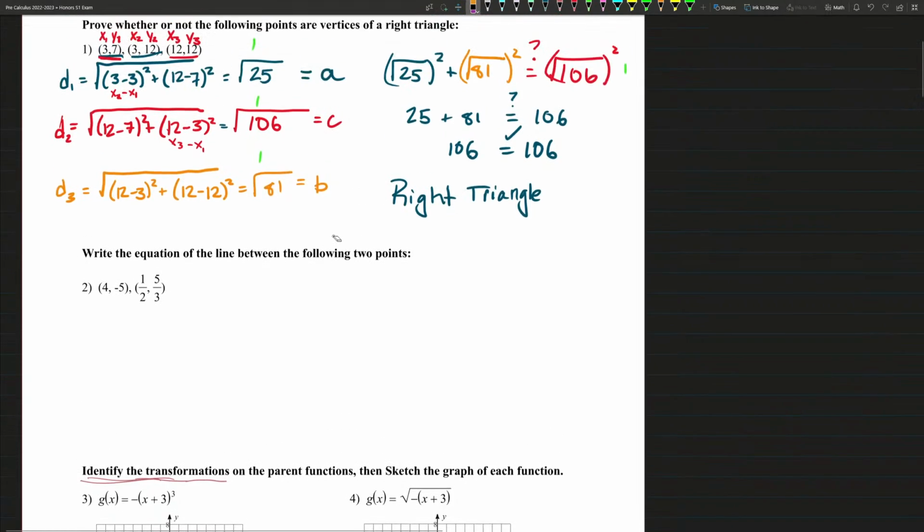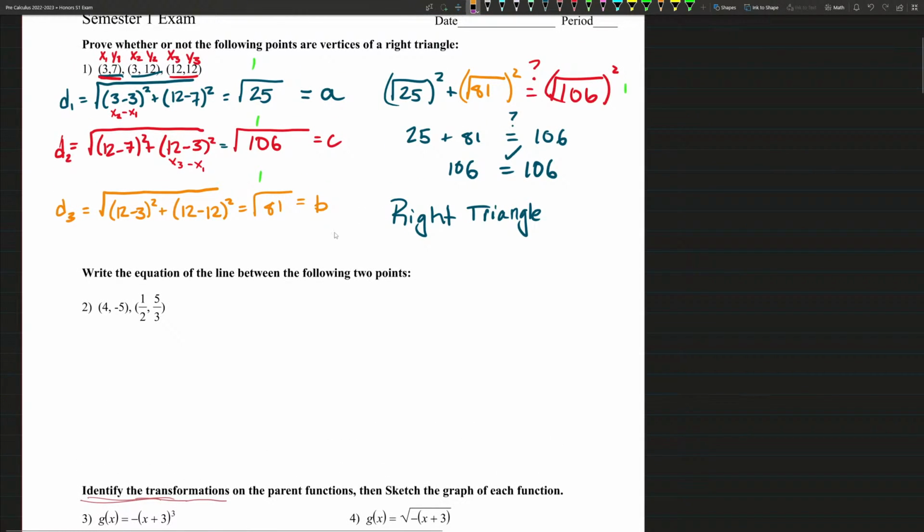Number 2, write the equation of the line between the following points. So whenever we have 2 points and we're finding the equation of a line, we have to find the slope. Slope is the difference of y2 minus y1, so 5/3 minus -5, over x2 minus x1, so 1/2 minus 4.